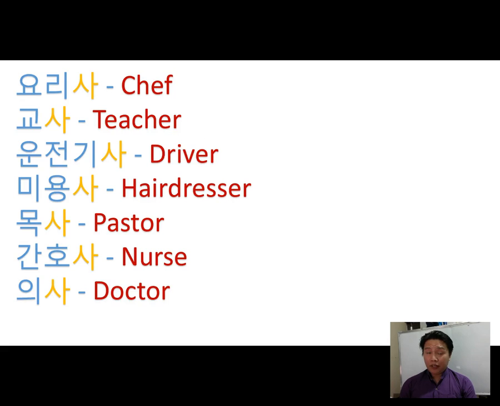In the next slide, we have yorisa, kyosa, unjeonkisa, myeongsa, moksa, kanhosa, uisa, they're all ending with sa. I think sa is something like profession, occupation, or trabaho. Lahat sila ay mga profession, so yun yung interconnection dito, may mga sa.